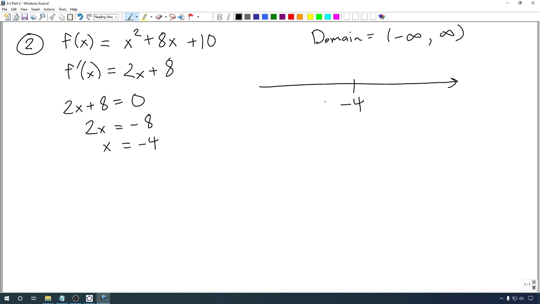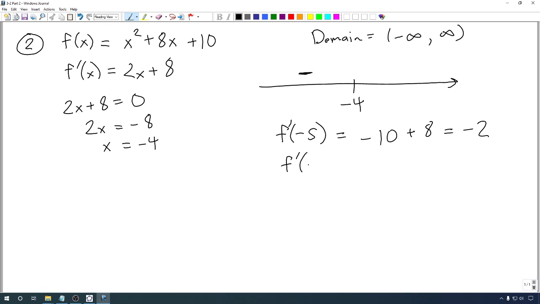I just have to pick a test point, so some number that's less than -4, and plug it into my derivative. I'll just go ahead and pick -5. So what is the derivative at -5? Well, there we have 2 times -5, or -10, plus 8, which gives us a -2. So our derivative is always negative from -infinity to -4.